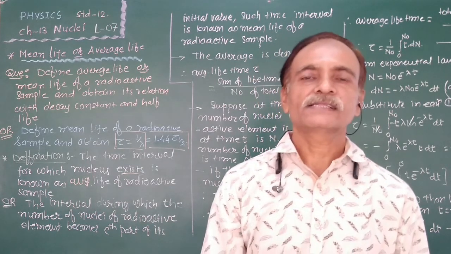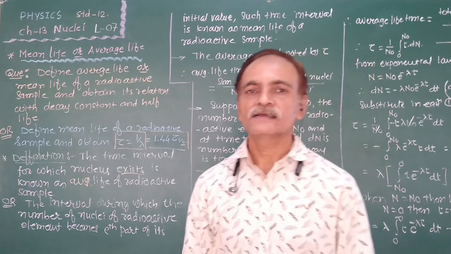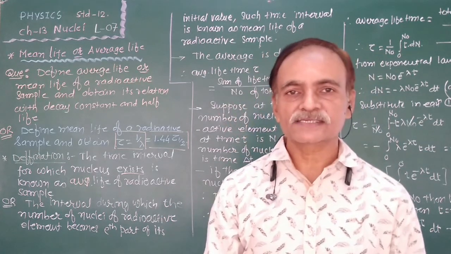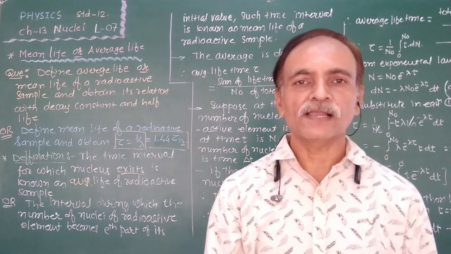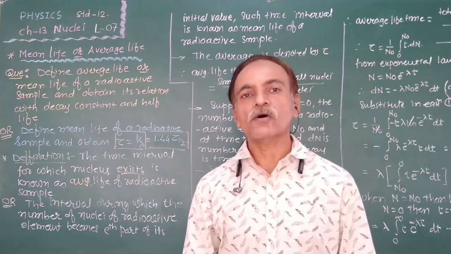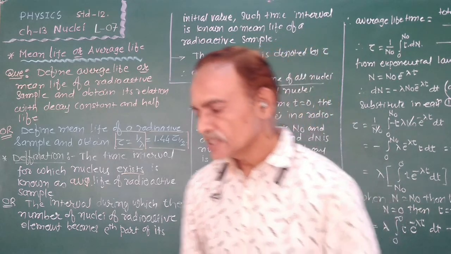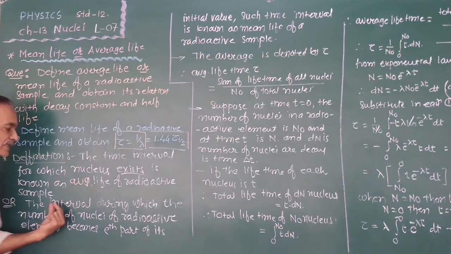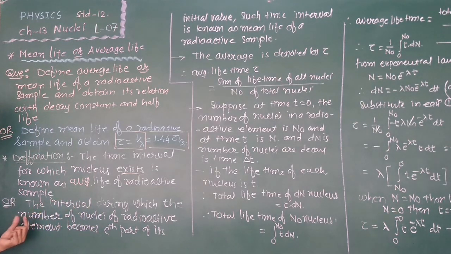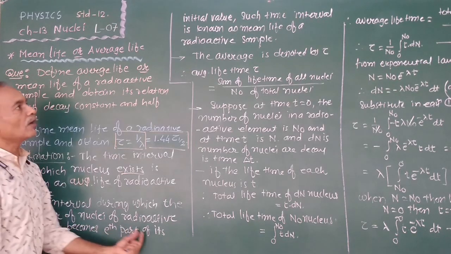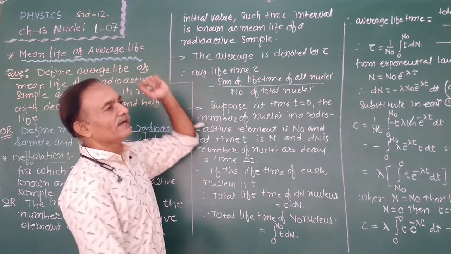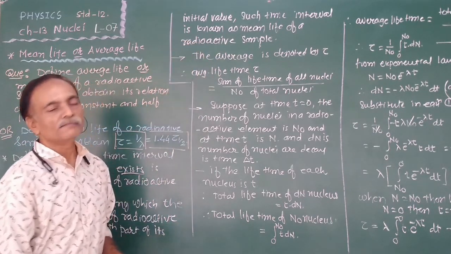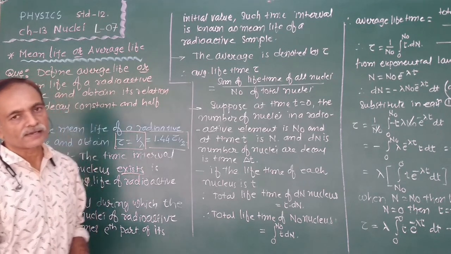In the same manner, the other definition of average life is that the time interval during which the number of nuclei in a radioactive sample becomes 1/e part of its initial value. Such time is known as the mean life of a radioactive sample.